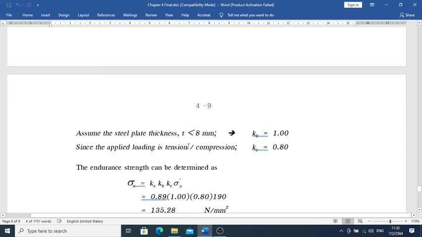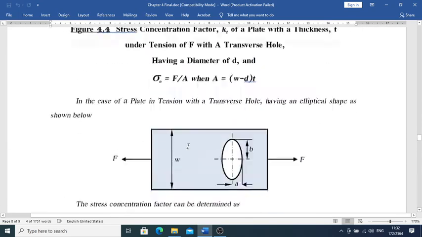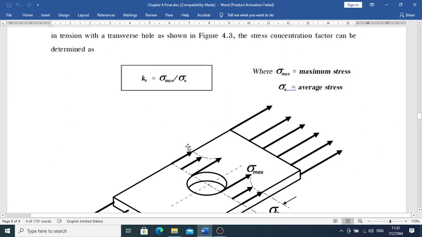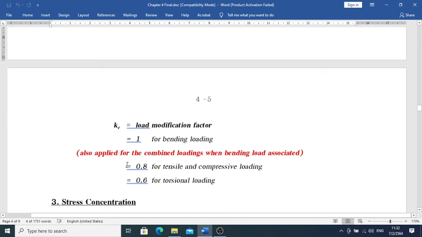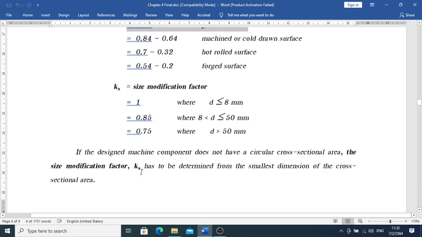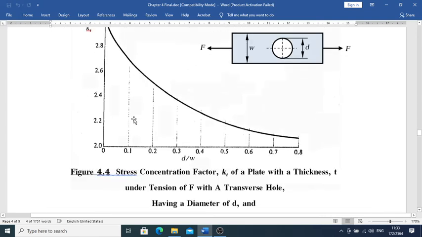So that's why, page number 5 there, K sub B is in between 8 to 50, use the thickness, right? So therefore 0.85.